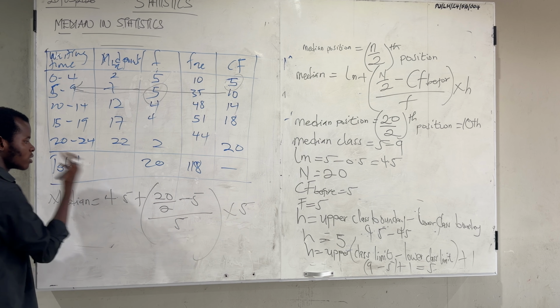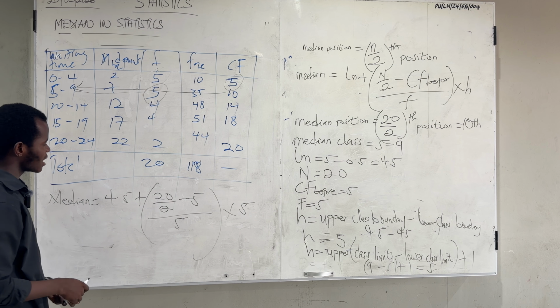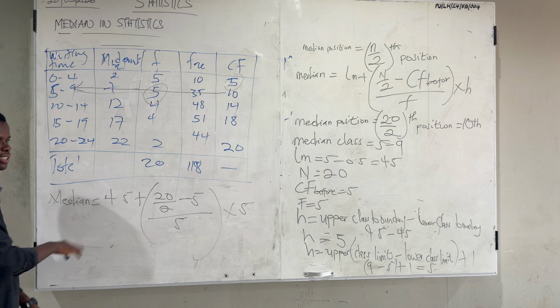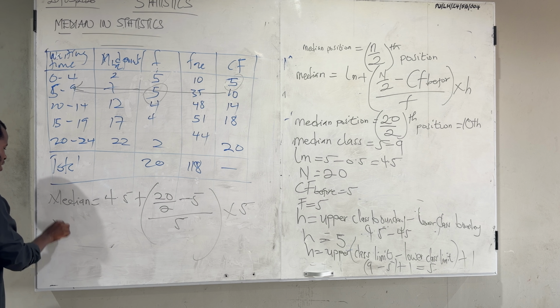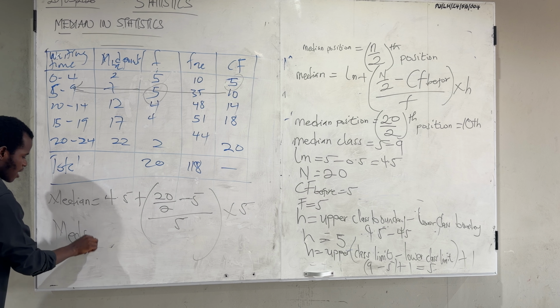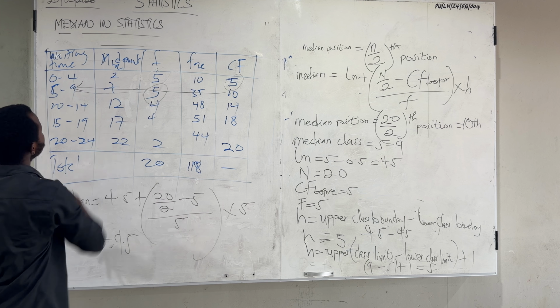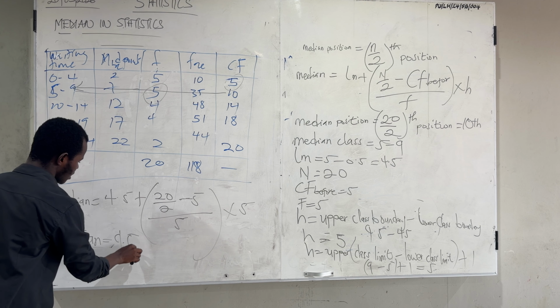So you compute the one in the bracket first, and then you multiply by this one, and you add the 4.5. So our median will be 9.5. The unit for time is minutes.